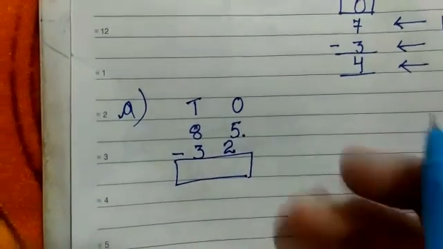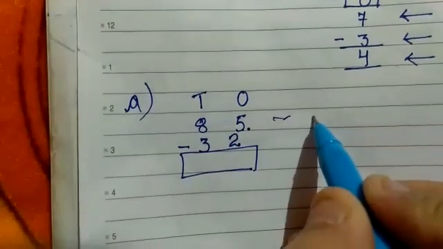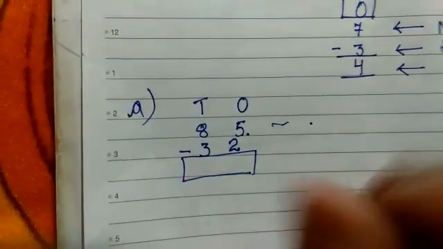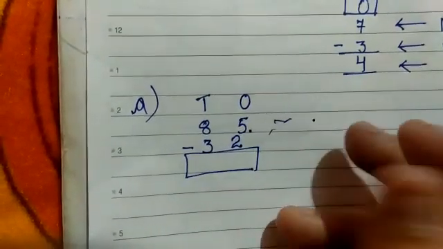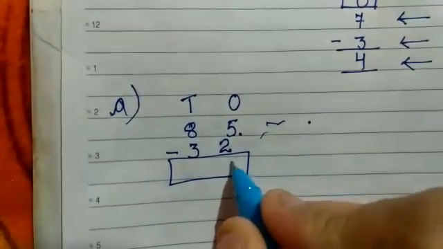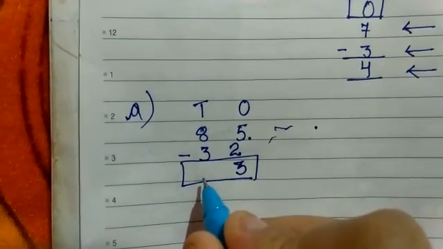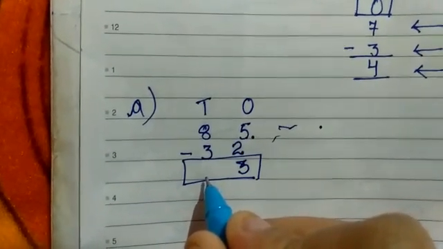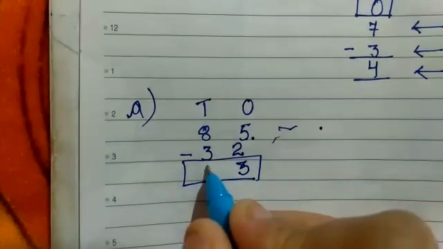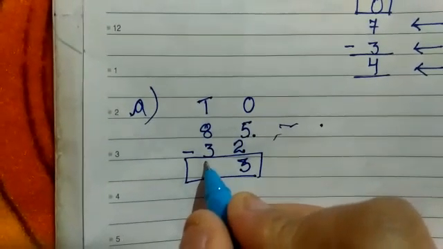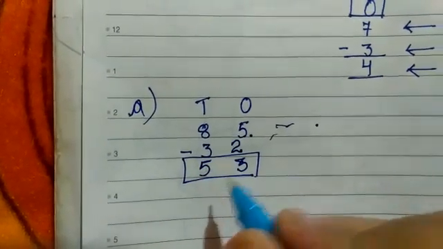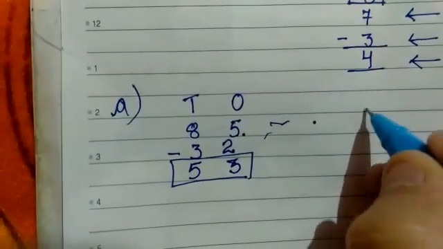You can draw lines here. After that you can rub it, or you can use your finger. So 5 minus 2 is, yes, 3. 8 minus 3. Yes, children, 5. Very good. Let's take another one.